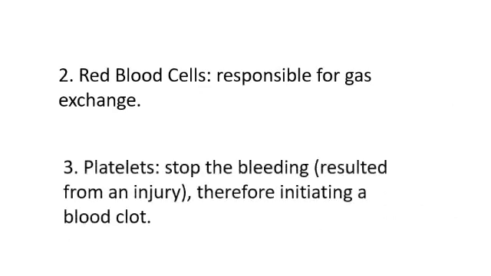Red blood cells are responsible for gas exchange. This means red blood cells carry oxygen and remove carbon dioxide from our body, transporting it to the lungs in order to be exhaled.